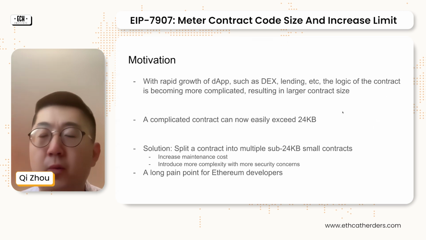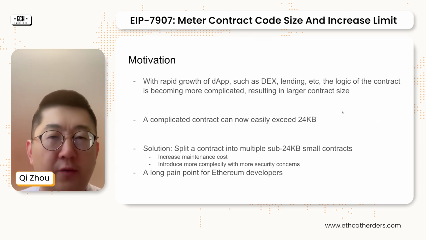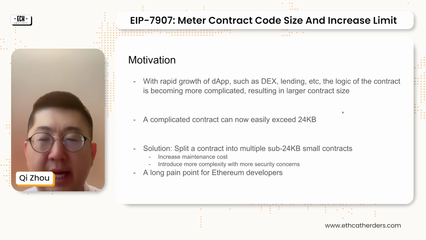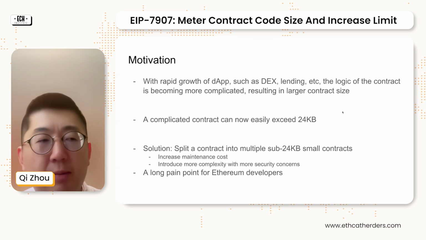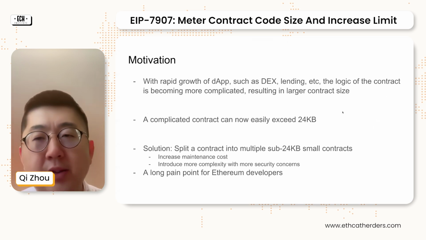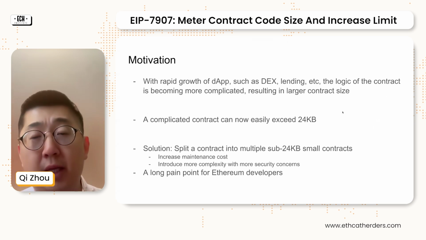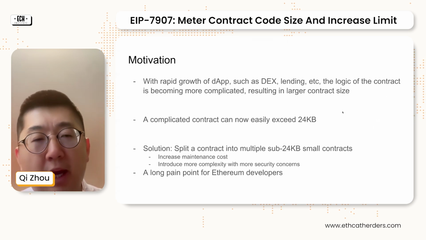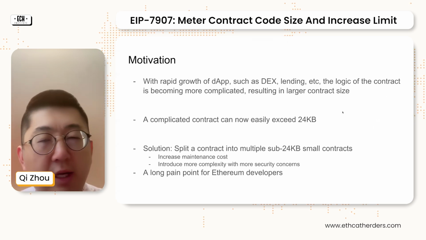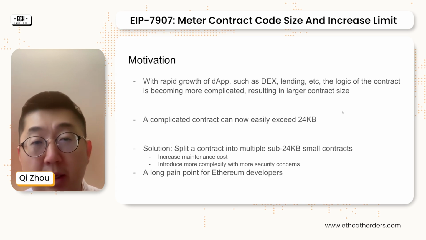However, with the recent rapid growth of applications, like DEXs, Uniswap, Curve, lending, all kinds of applications, the logic of contracts is becoming more and more complicated. Unlike previously, when we may have had a very simple DAO governance or voting contract, right now we have really complicated logic.